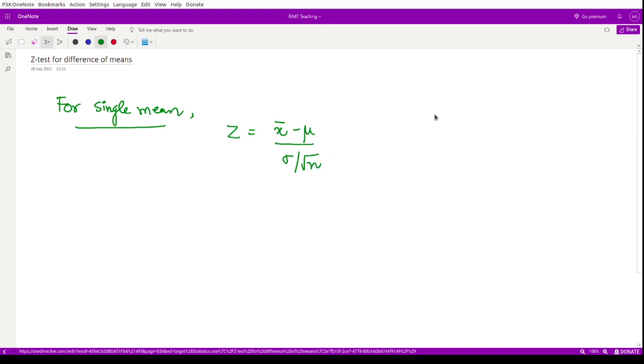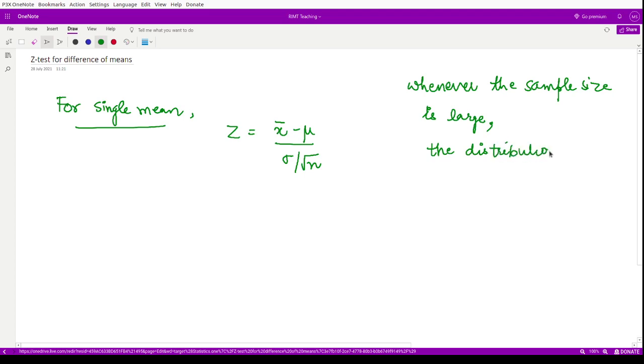Moreover, one thing that we missed out is that whenever the sample size is large, the distribution is approximated by the normal distribution, which is also known as the Gaussian distribution.